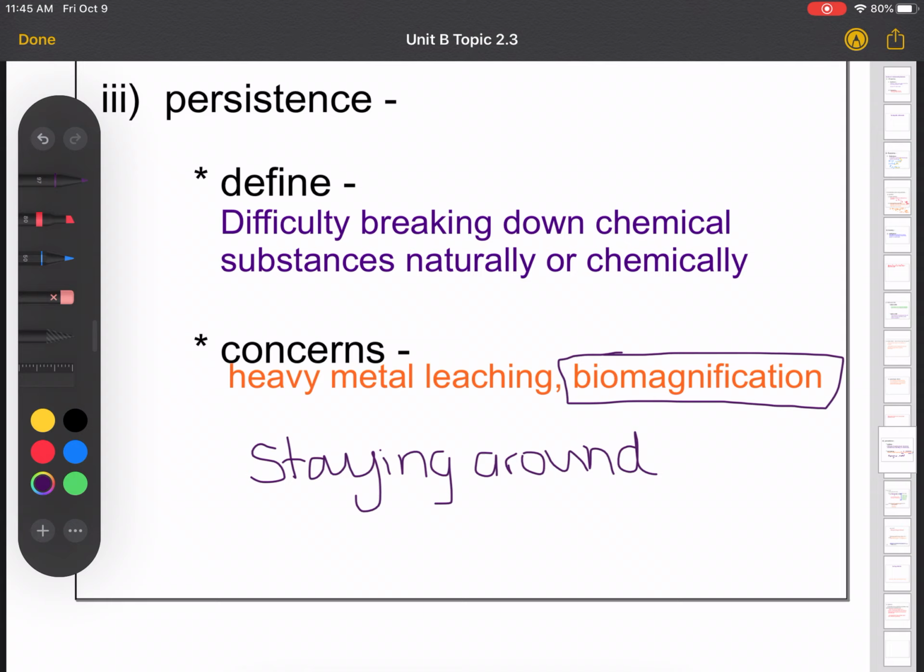But that means as things go up the food chain, they magnify. So as you go up the food chain, there's more pollutants or toxins inside the body of organisms.